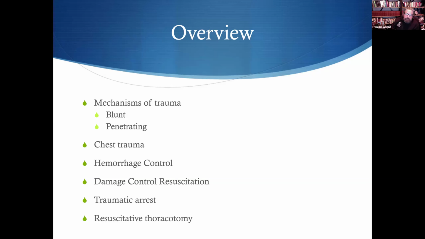Traumatic arrest, we'll talk about again as the overarching concept. We're trying to prevent a lot of these traumatic arrests, but we'll talk a little bit about traumatic arrest. And then finally go into some detail on resuscitative thoracotomy and what that looks like and who gets it and what the data are on that. So hopefully that'll fill up a good chunk of time.